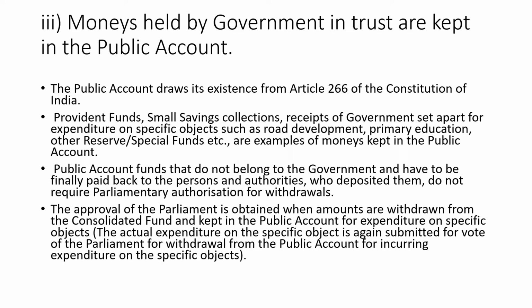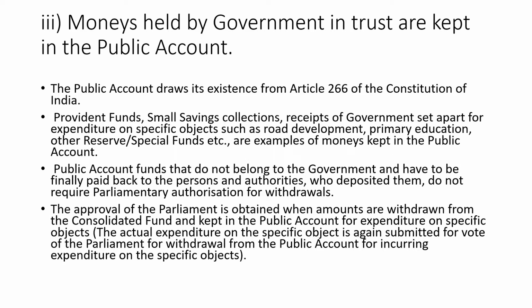Public Account funds that do not belong to the government and have to be finally paid back to the persons or authorities who deposited them do not require any parliamentary authorization for withdrawals, because this money actually belongs to some private parties or private authorities.